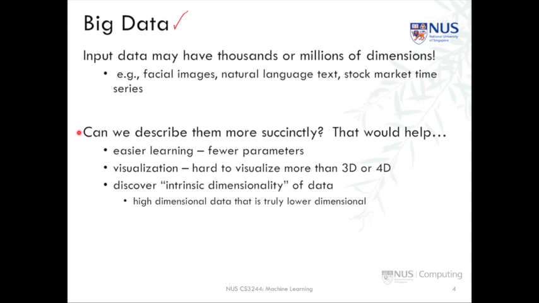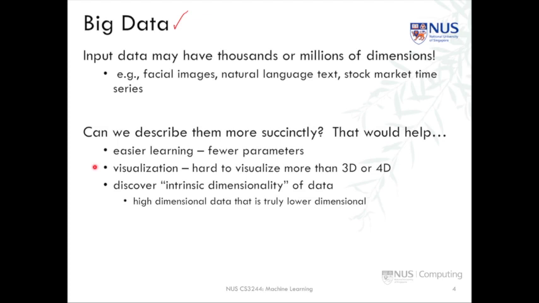For example, it would be easier to fit a model to it if we had fewer parameters and fewer input dimensions. Just as we did with the NUS data, we summarized that as just looking at intensity and horizontal symmetry. It's also easier sometimes to visualize because as humans, it's very hard for us to imagine things past 4 dimensions.